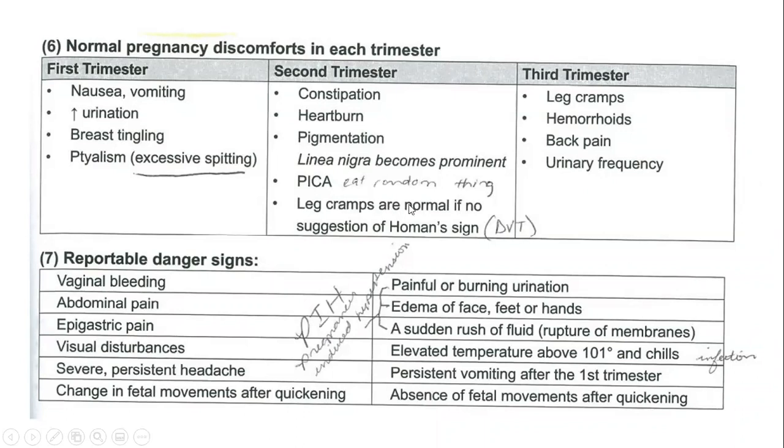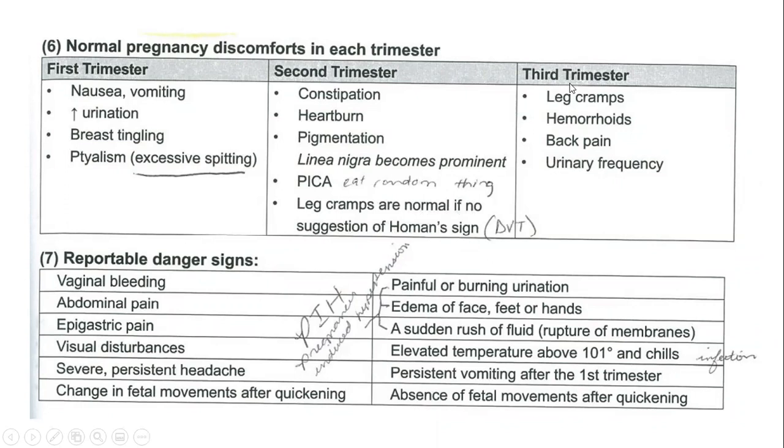Leg cramping is normal if there is no positive Homan's sign. If Homan's sign is positive, it indicates the patient has a deep vein thrombosis, DVT, and DVT leads to pulmonary embolism. Very important for the NCLEX board exam.